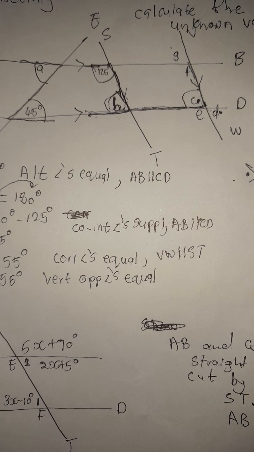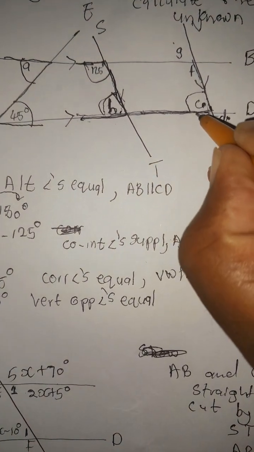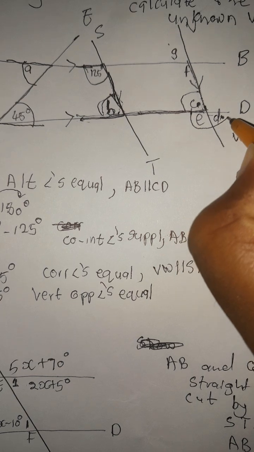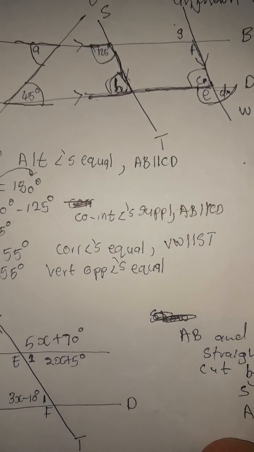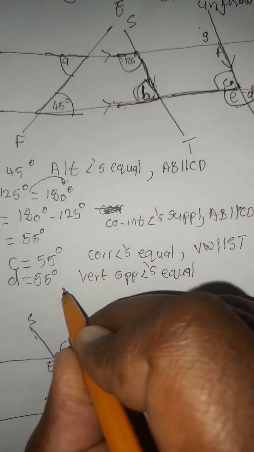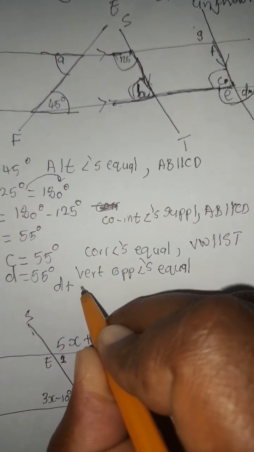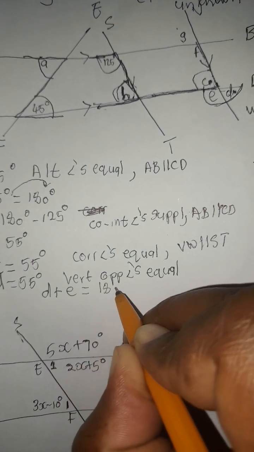What about E? What I can see from E here is that E and D are angles on a straight line. Let me show you how you're going to do this. D plus E is equal to 180.